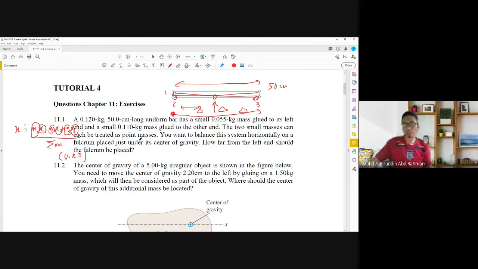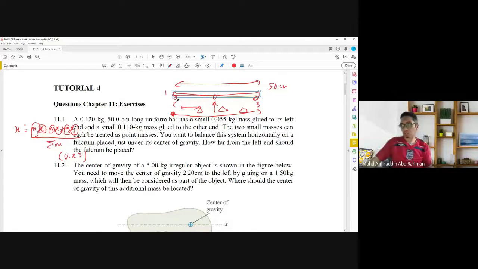And then you will find out the answer will be 0.298, to the right of this one.